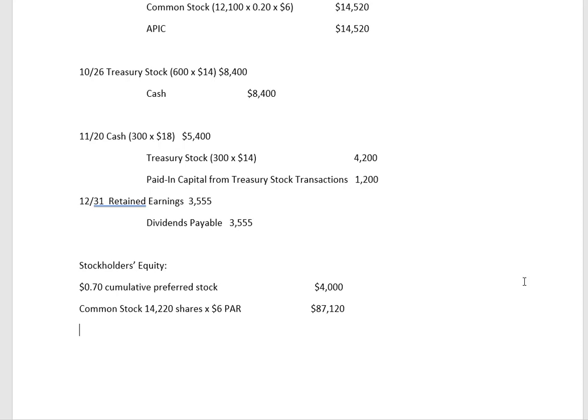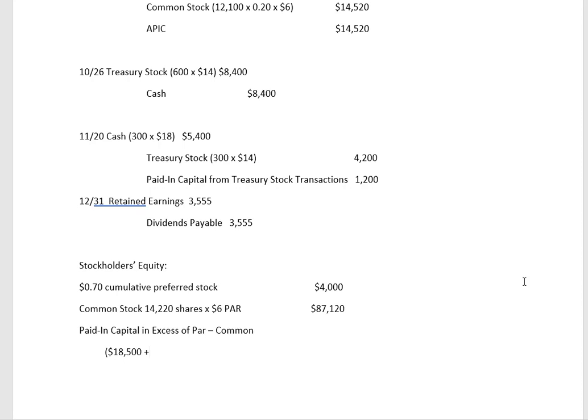Then we have paid in capital in excess of par for common stock. And so if you just go back and add up some of the dollar amounts, back on the balance sheet from the previous year, we started with 18,500.